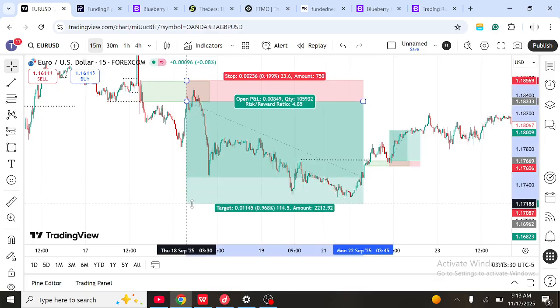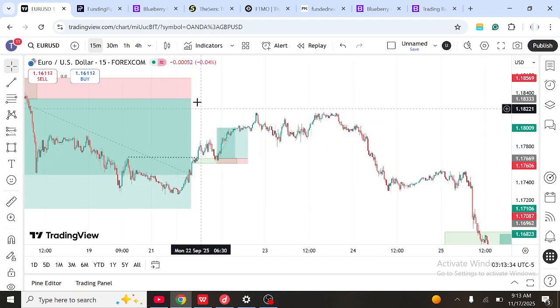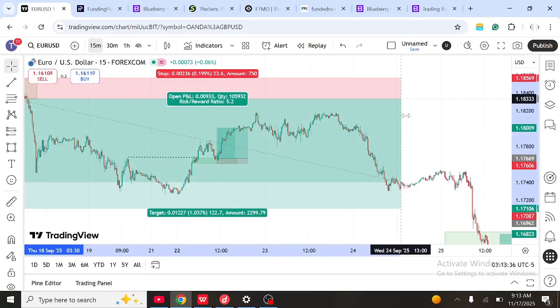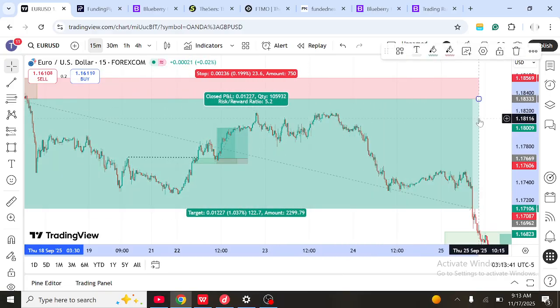Unfortunately, this is not up to 1:5, but let me see if price then, okay, not unfortunately, price eventually tapped our 1:5. It just took a longer time. All right, so if you were trading Proframe, this is going to be a very challenging moment for you, because the market or the Proframe would have recorded this profit, then the next day you are losing close to 90% of it.